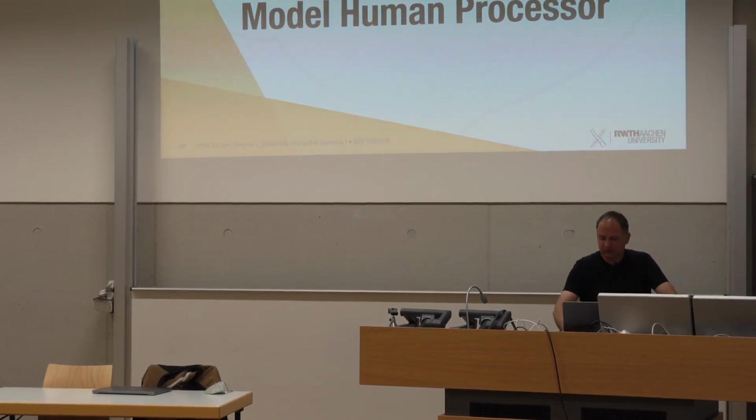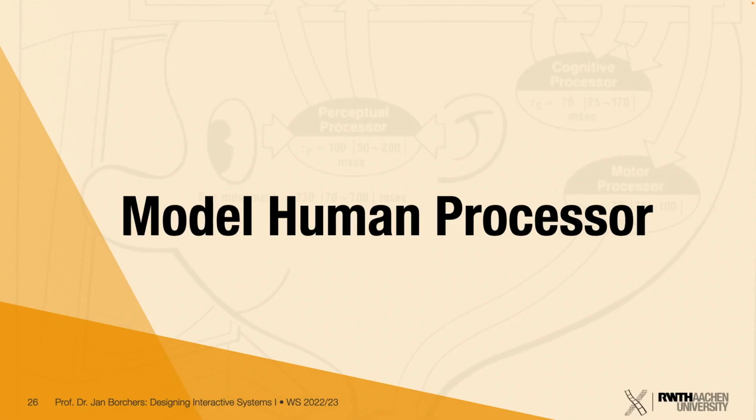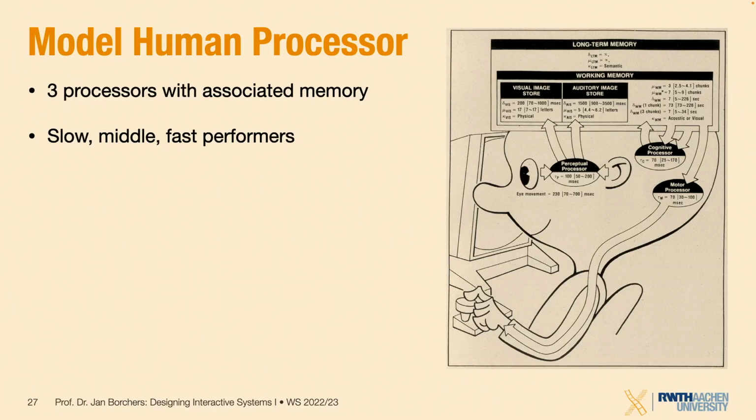However stupid an engineering model is, as long as it gives me useful predictions, it's good enough. We don't care to understand exactly how the human brain works. We just want some ways to predict performance. So the Model Human Processor is a simple engineering model of that kind, of how humans process information.